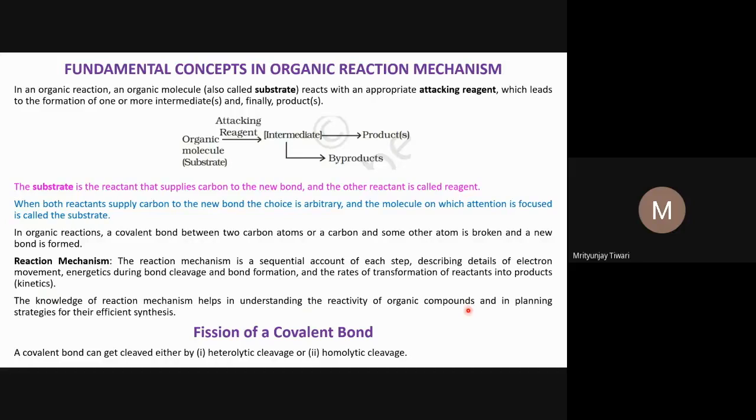Organic reactions also happen inside our body. This is how organic molecules were initially isolated from living organisms, and that is why they are named organic molecules. Our body has many organic molecules, and millions or billions of different types of organic reactions happen in our body.